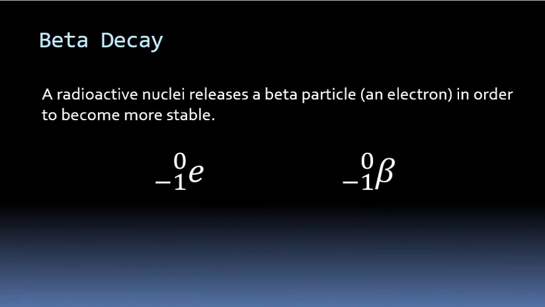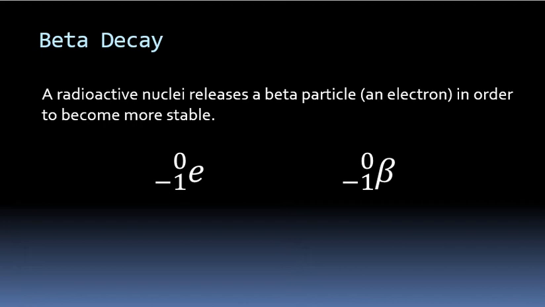Now, we also have another situation of decay, which is called beta decay. This is simply a nucleus that needs to release a beta particle from inside the nucleus in order to become more stable. A beta particle is essentially a very high energy electron. Therefore, it could be represented as an e or a lowercase beta.